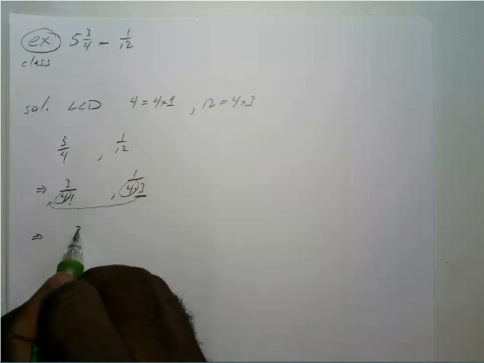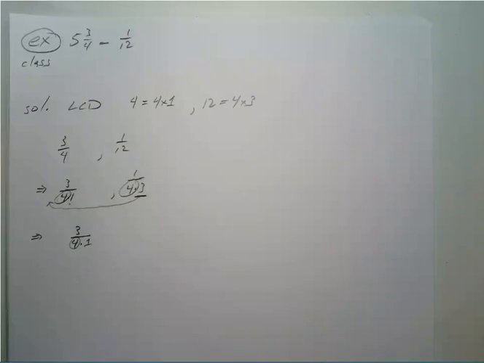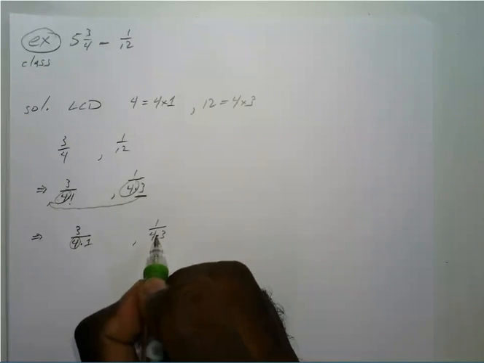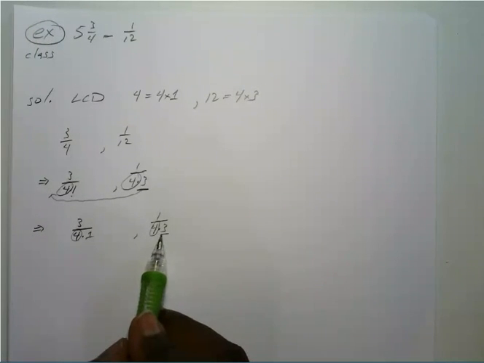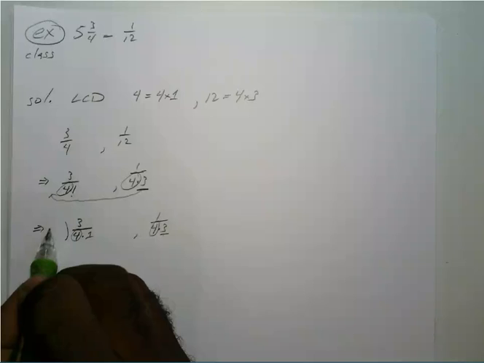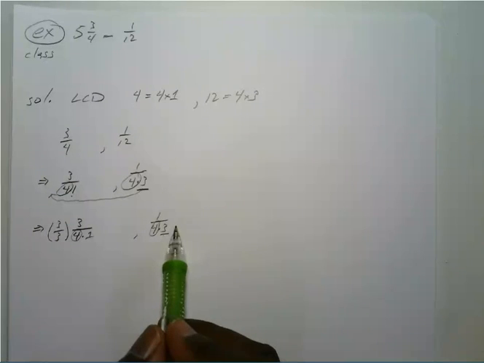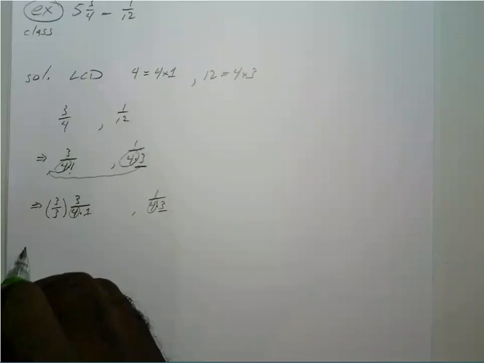Okay, so we have 3 over 4 times 1. Remember that 4 is circled. And we have 1 over 4 times 3. That 4 is circled. So that means since this is underlined, we're going to multiply this one by 3 over 3. And you could multiply this one by 1 over 1 if you wanted to, but it doesn't change it, so you don't really have to.